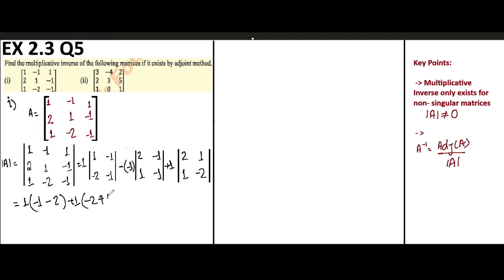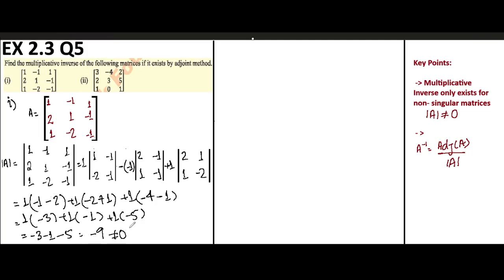So this minus becomes plus, then plus 1 into diagonals multiplied gives minus 4, minus as it is, and then 1 into 1 gives us 1. It is equal to 1 into minus 3 plus 1 into minus 1 plus 1 into minus 5, and we get minus 3 minus 1 minus 5 equals minus 9. So this is your determinant, and as the determinant is not equal to 0, it is non-singular.